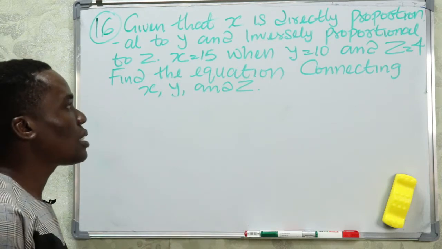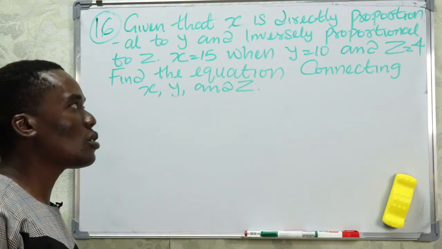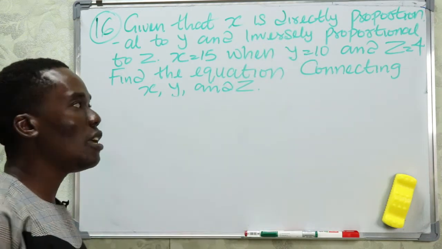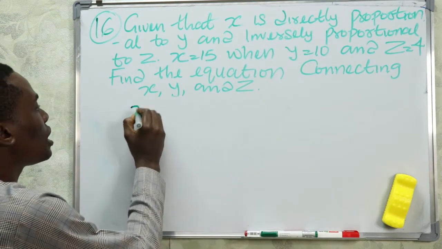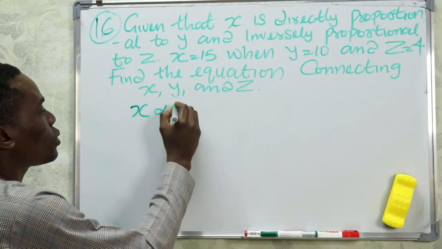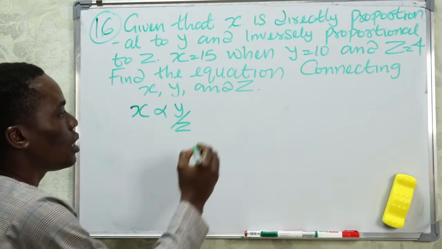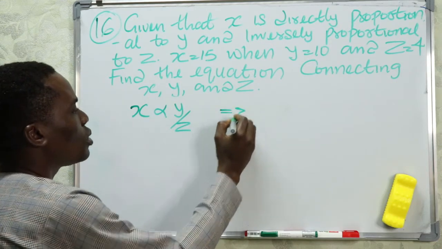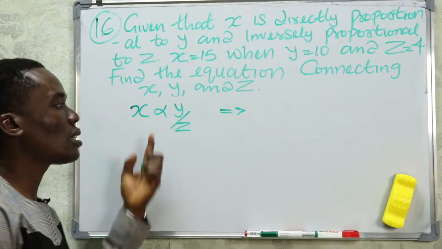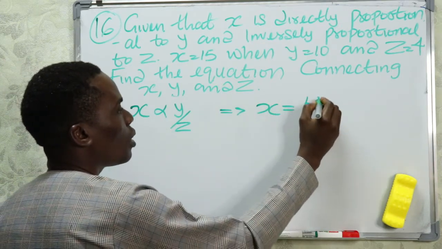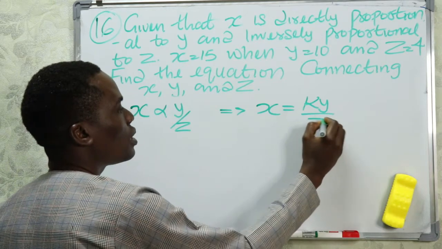So when you are given this kind of question, it's a question of variation that combines direct variation with inverse variation. We are told that x is directly proportional to y and inversely proportional to z. Now we'll look at a constant to replace this proportionality sign, and the constant is always constant k, which is x equals ky all over z.